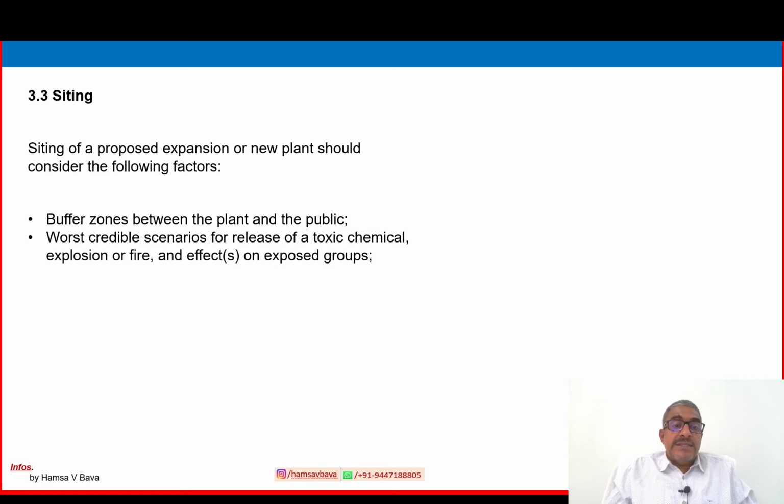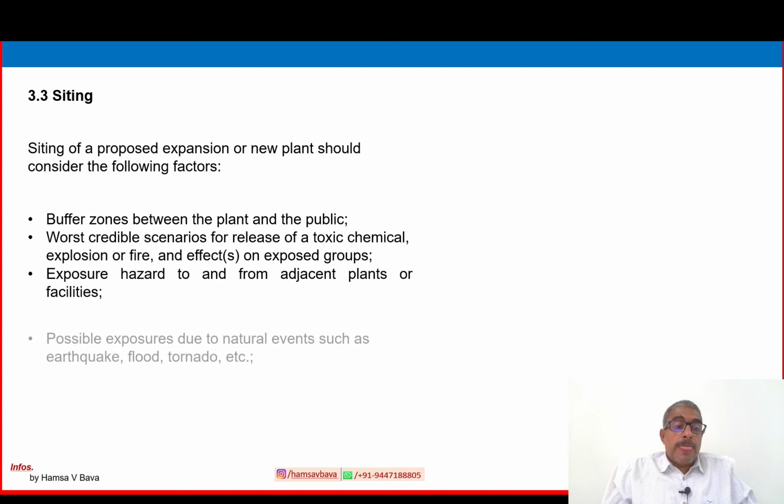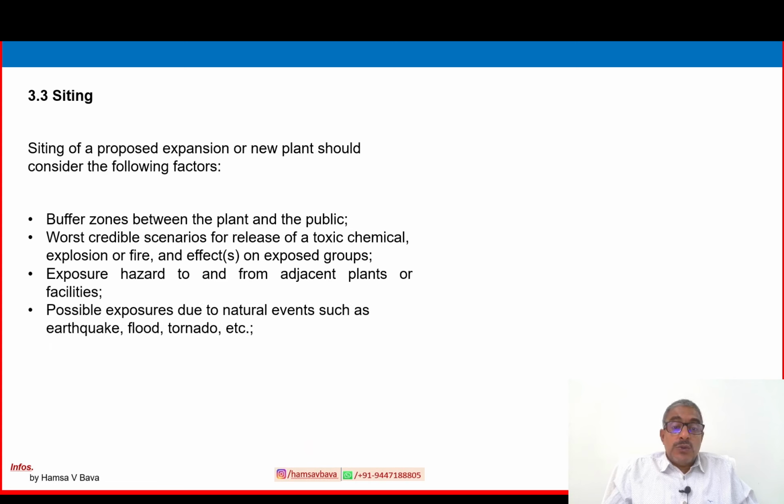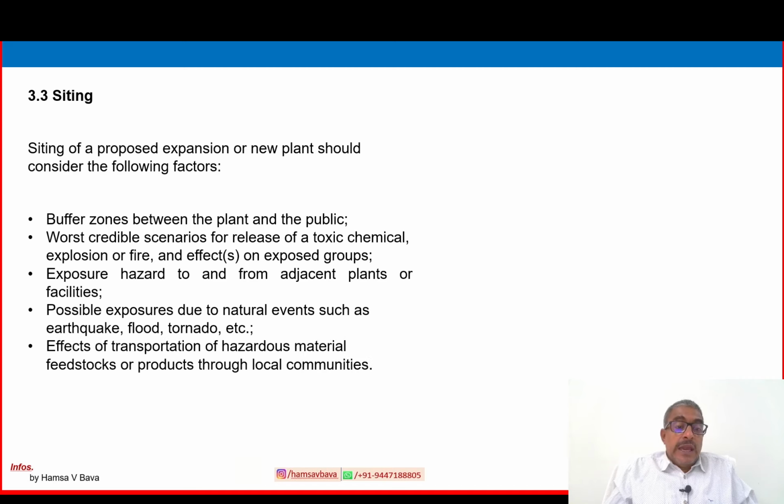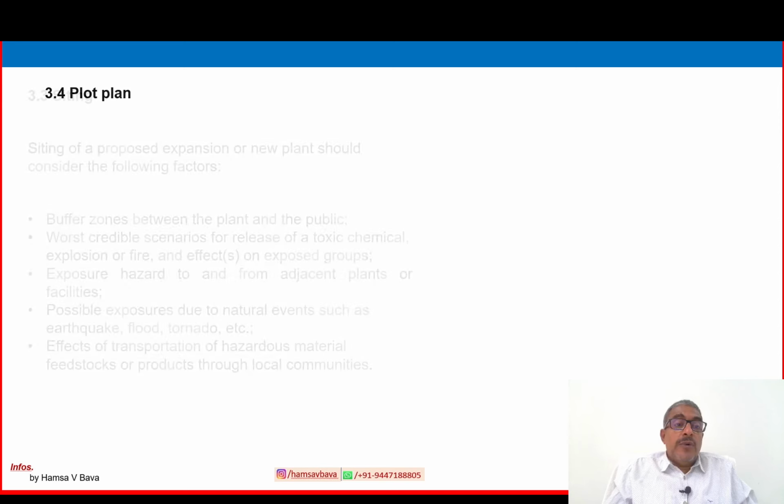Worst credible scenarios for release of a toxic chemical, explosion or fire and effects on exposed groups, exposure of hazard to and from adjacent plants or facilities, possible exposures due to natural events such as earthquake, flood, tornado, etc., effect of transportation of hazardous material, feedstock, or product through local communities.